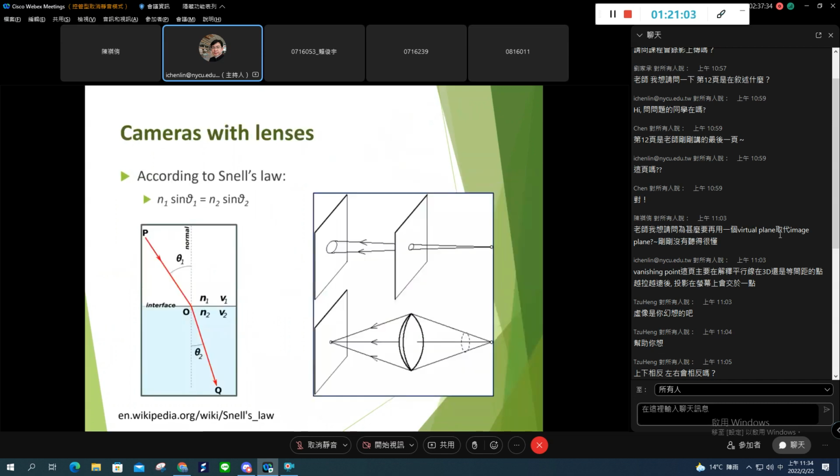So let's move forward to the next topic, the camera with lens. The idea is that if you have a pinhole and would like to make your image brighter or capture more detail of the scene, you have to enlarge your pinhole.